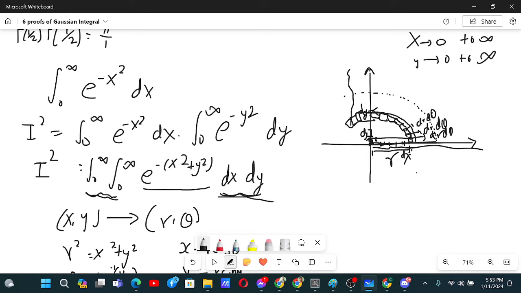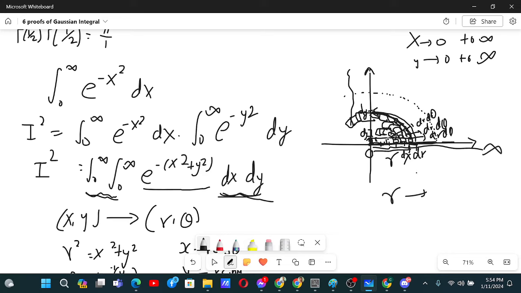So this is a dr, and it covers theta going from 0 to pi by 2. Again, for this dr over here, it will go in this way based on theta up to pi by 2. So for this to cover, our r should go from 0 to infinity.